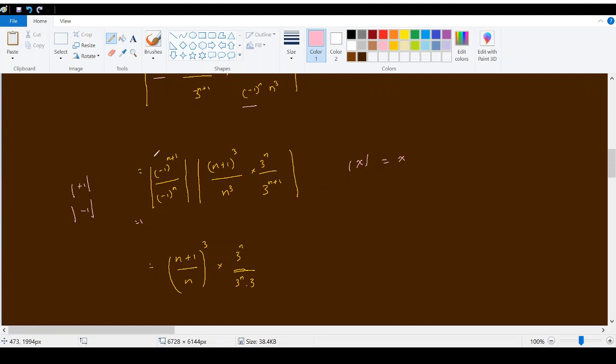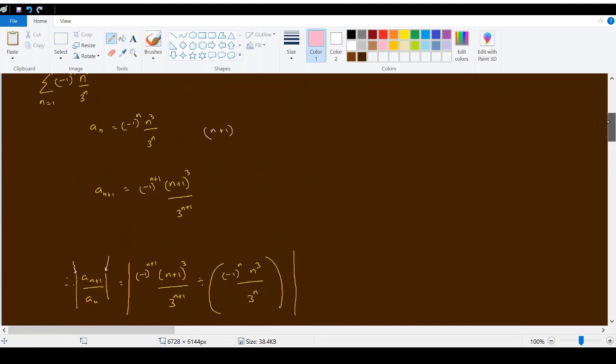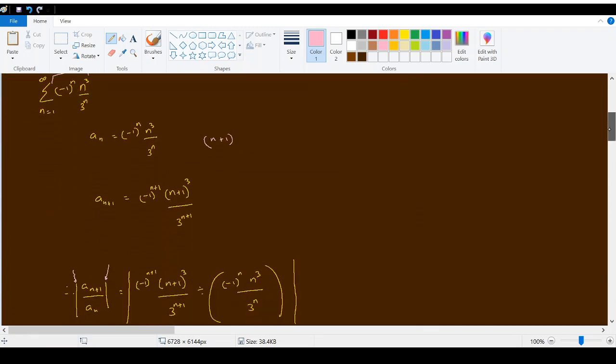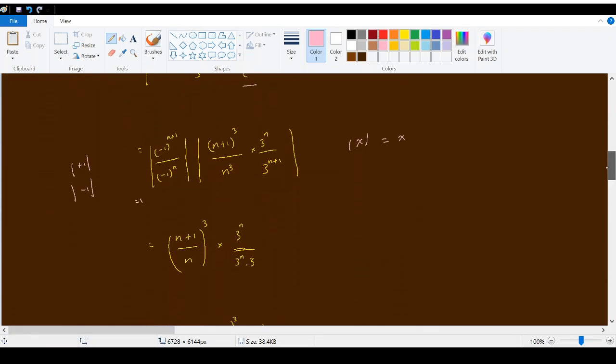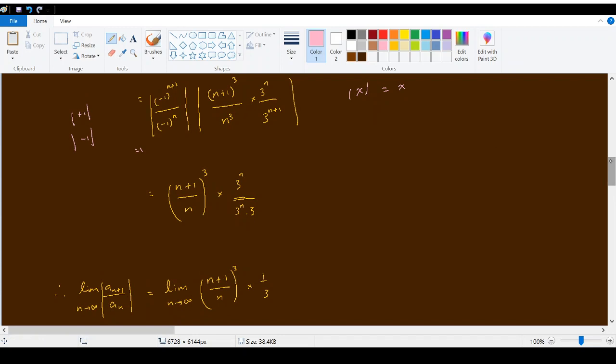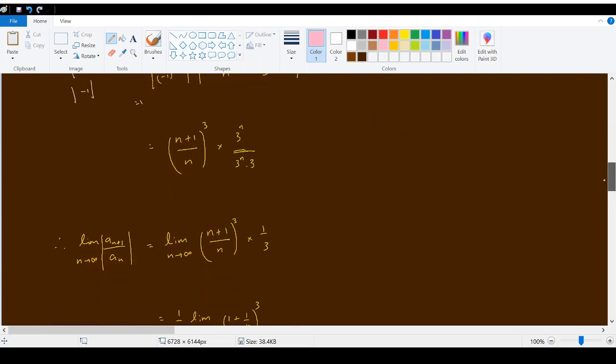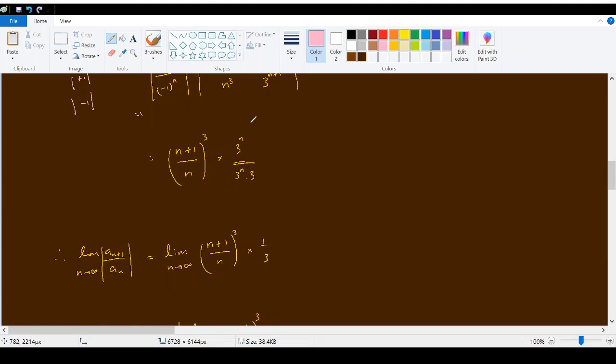And this negative effect is removed because of this modulus sign. And here in the ratio test itself you have a modulus sign. You have to have that modulus when you are doing the calculations. So then an plus 1 divided by an will ultimately be something like this.